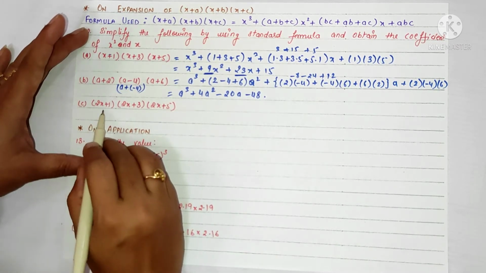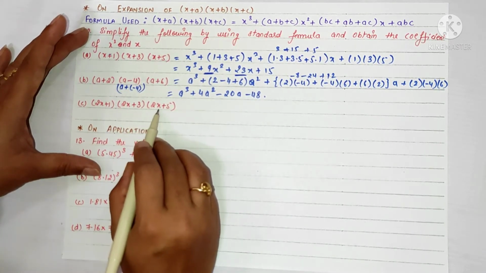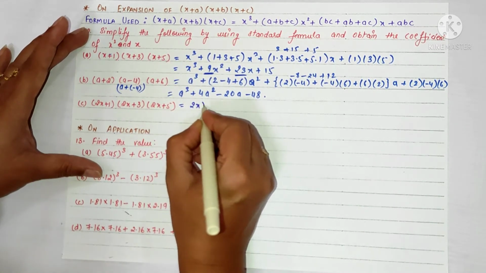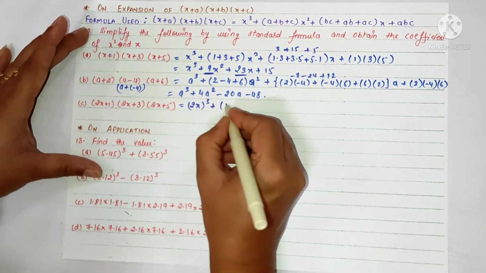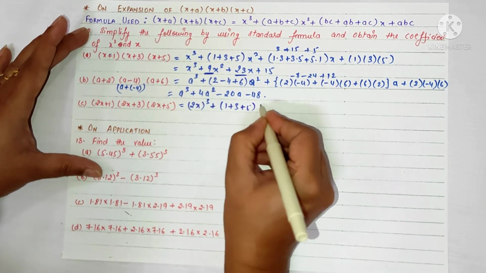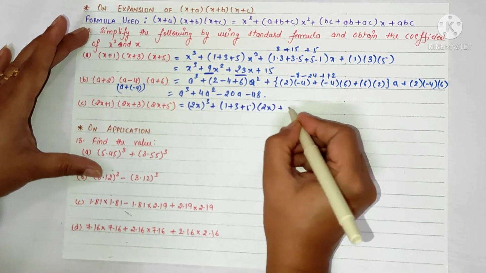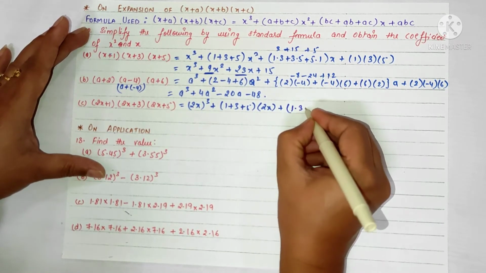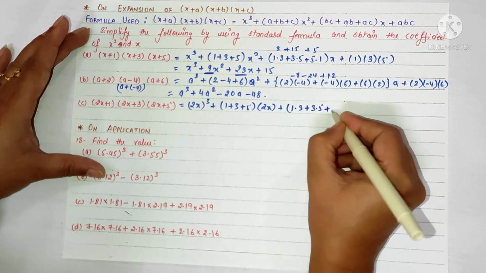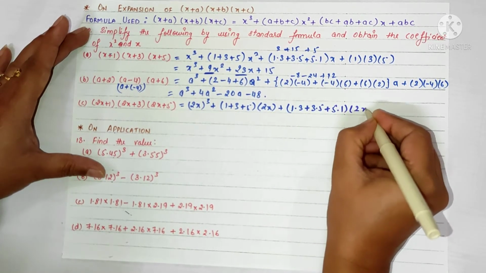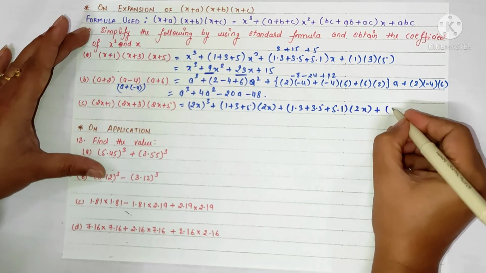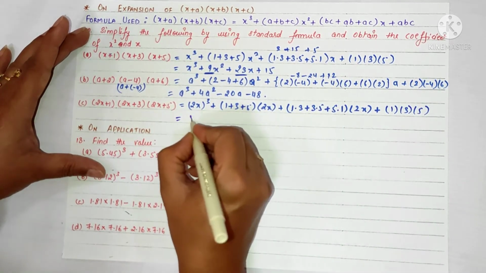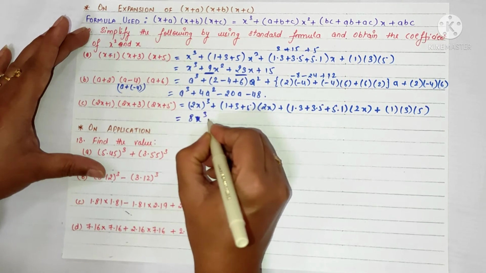Next is 2x plus 1 into 2x plus 3 into 2x plus 5. So now here the variable is 2x, so we'll write (2x) whole cube plus 1 plus 3 plus 5 into (2x) square plus multiplying each constant with one another, 1 into 3 plus 3 into 5 plus 5 into 1 into 2x plus 1 into 3 into 5. So on solving this, we'll get 8x cube.